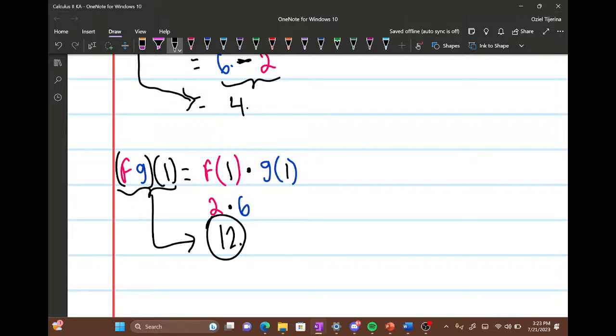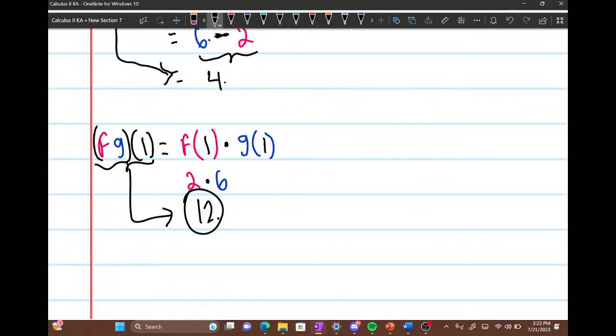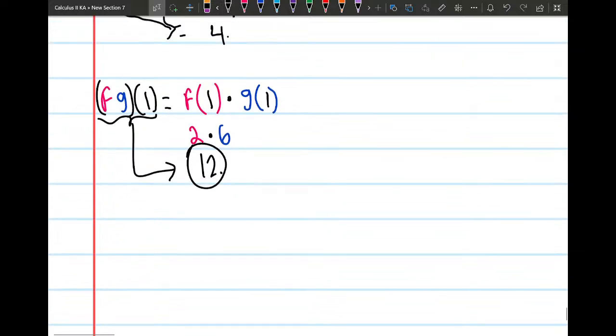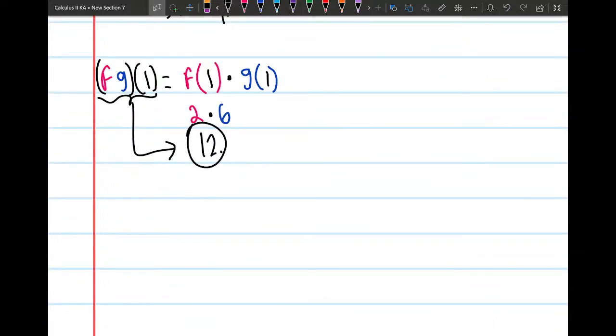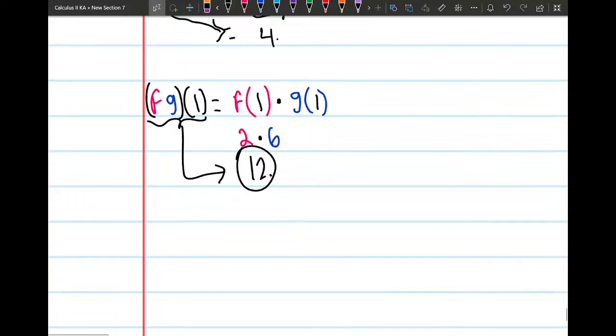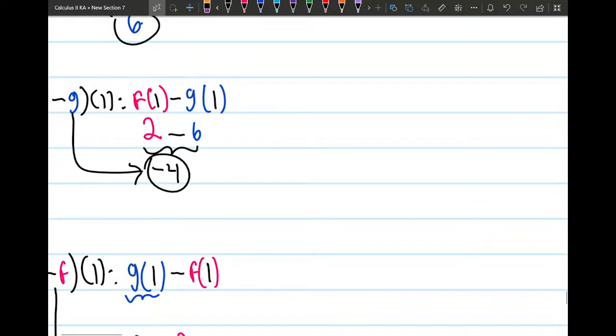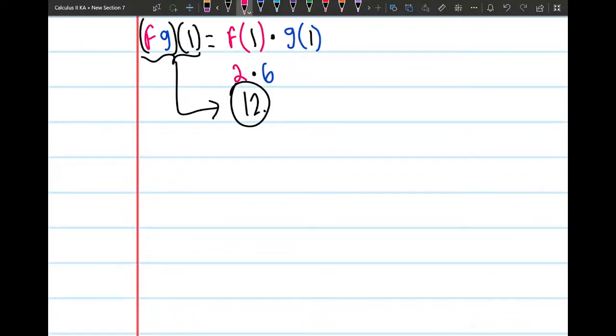If we look at f over g of 1, now we're going to do f over g of 1, right? This is f of 1 over g of 1.